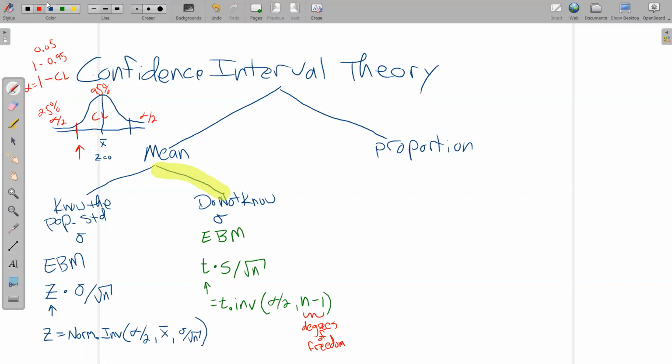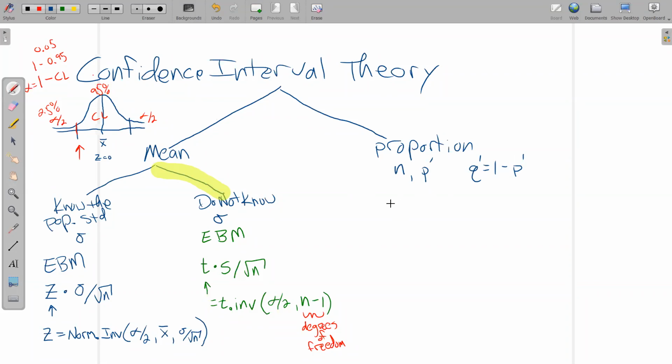And then for a proportion, let's switch back to blue maybe. For a proportion, we would need to know some sample information, like what's the sample size and what is the sample proportion. And then there's this other value that we can calculate, which is called q prime, and that's always 1 minus p prime. So p prime is the proportion of successes, and q prime would be the failures.